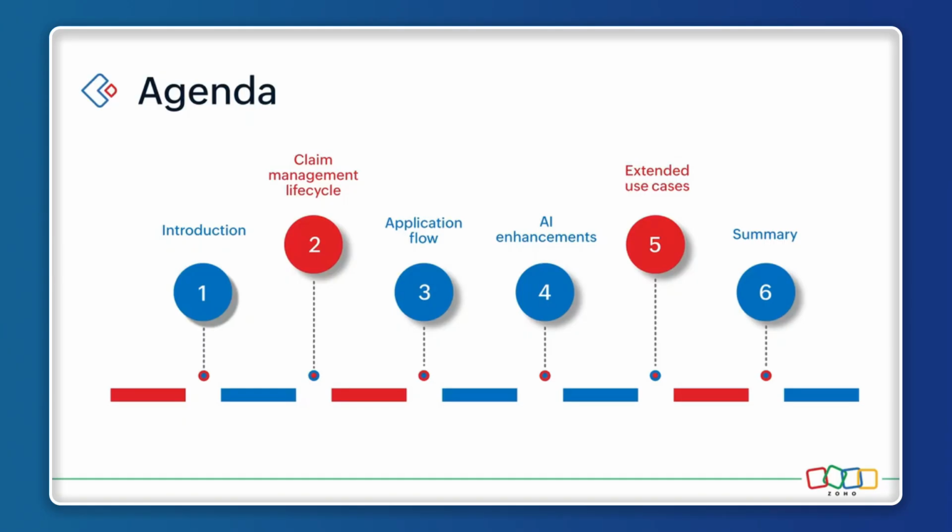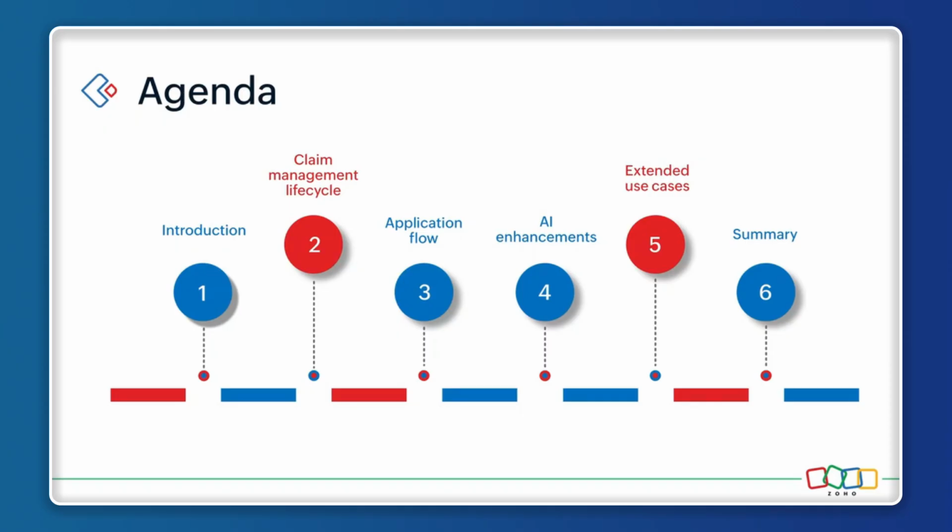As the second part, we will discuss the insurance claim management lifecycle in detail. And also, as I said before, we have built an application on top of Zoho Creator to automate this insurance claim management, so we will give you a quick overview of the application process flow used to build that application.